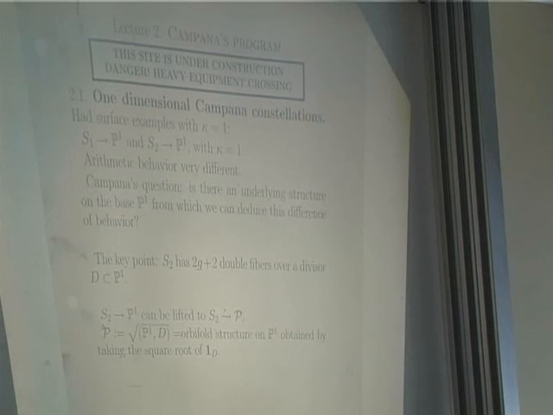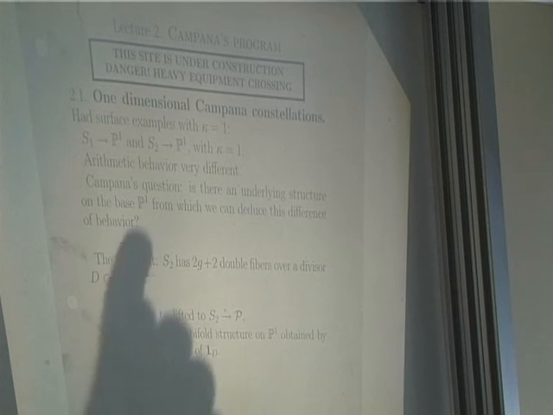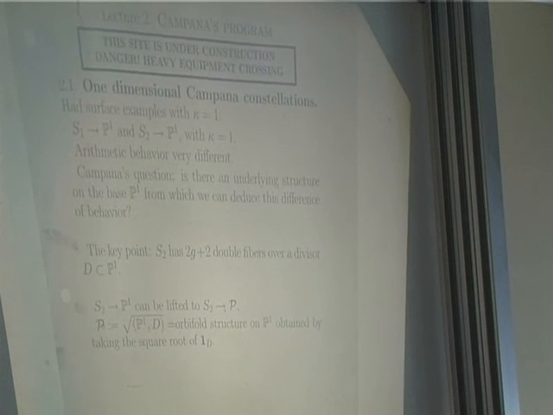And Campana's question is: is there an underlying structure on the base P1 in both cases that distinguishes between the two cases? In this particular example, and almost completely in general for surfaces, there is an old structure that we can use. And the old structure is truly called orbifolds.